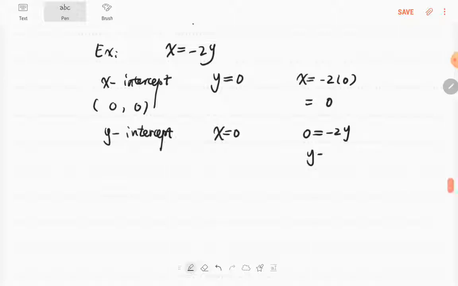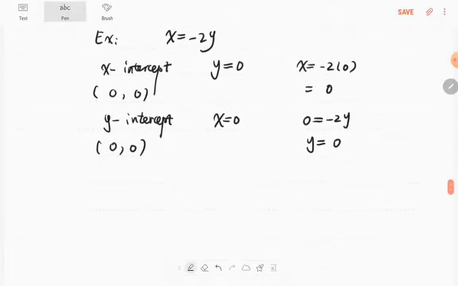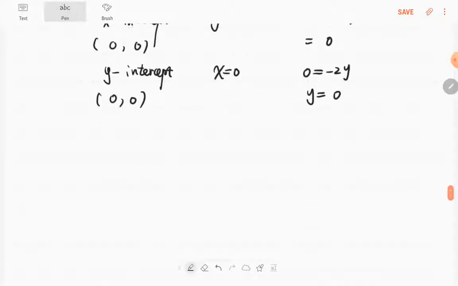We will get y is also equal to 0. So for the y-intercept, we have the same point. Now we know we could not draw the line by just using 1 point, because it's just 1 point. We cannot determine the line.